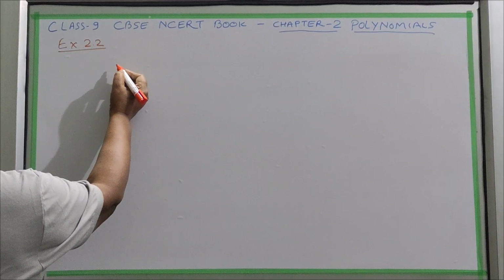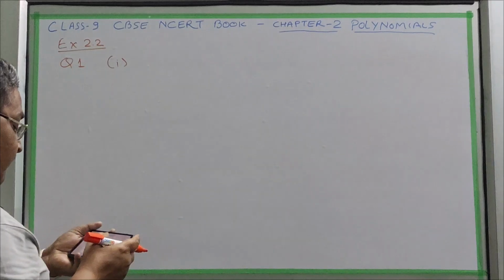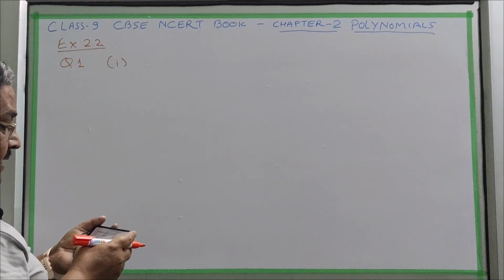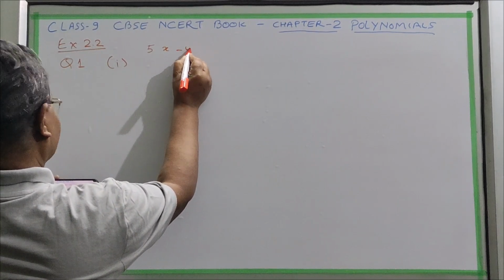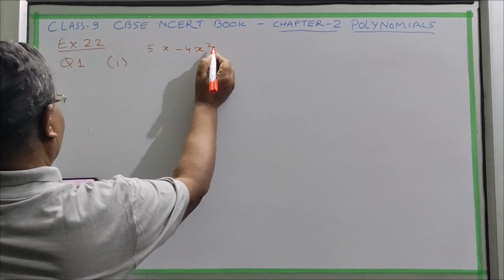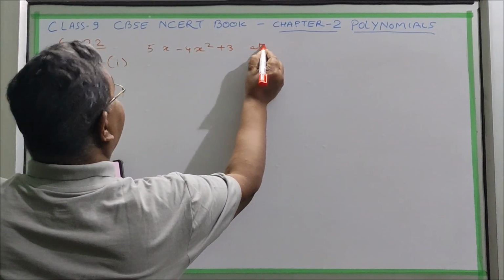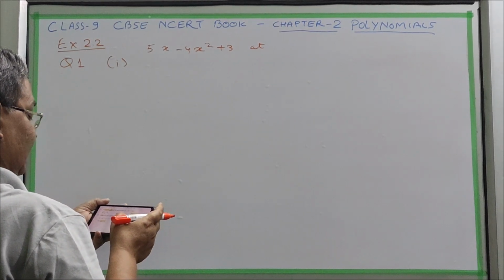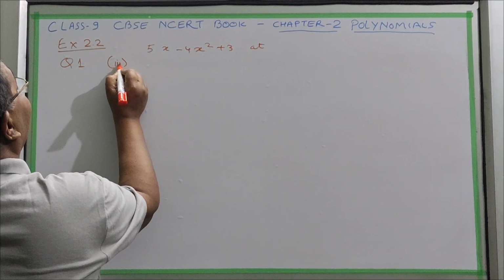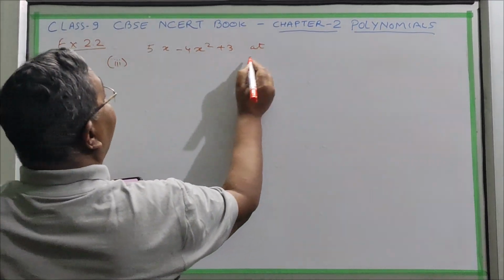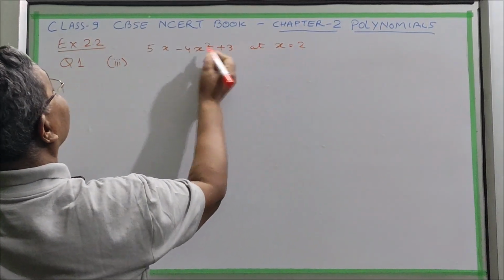Exercise 2.2, question number 1. Find the value of the polynomial. The polynomial is 5x - 4x^2 + 3, at x = 0, x = -1, x = 2. We are taking the third one, x = 2. It means the value of x has to be replaced here.